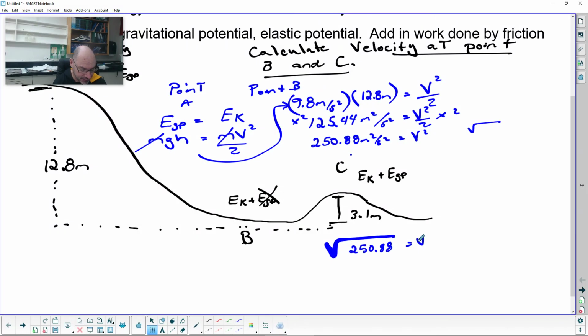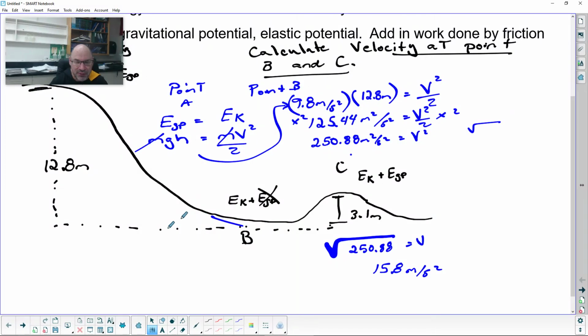We end up getting 15.8 meters per second. I'm given basically 3 figures and 2 figures, so we probably should go to 2, but we'll go to 3 just to keep the same velocity and the meters there. So that would be our bottom, right in the gully there.